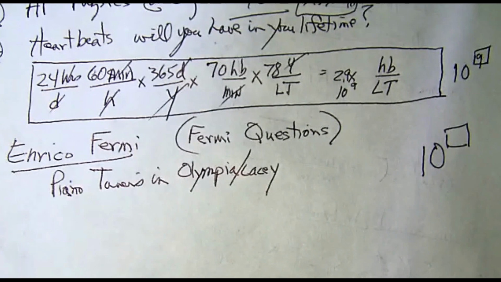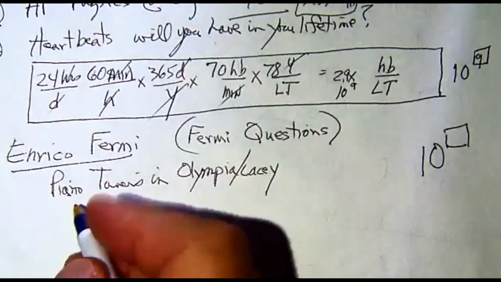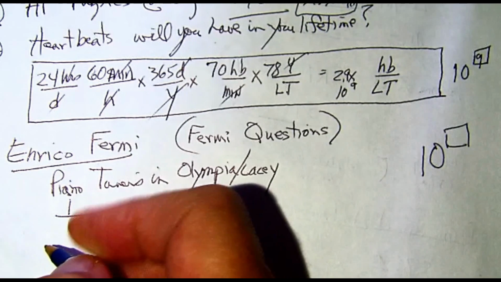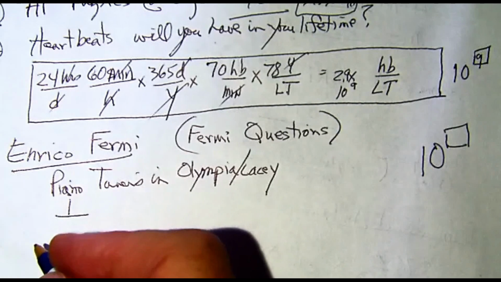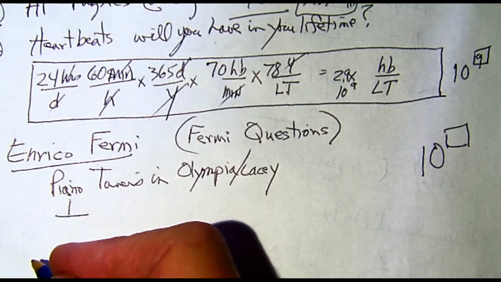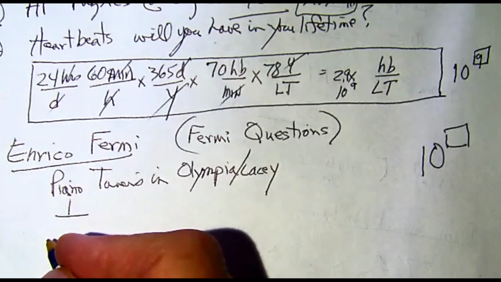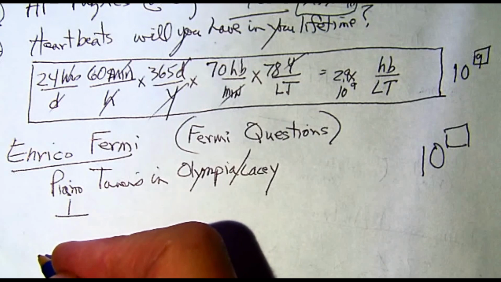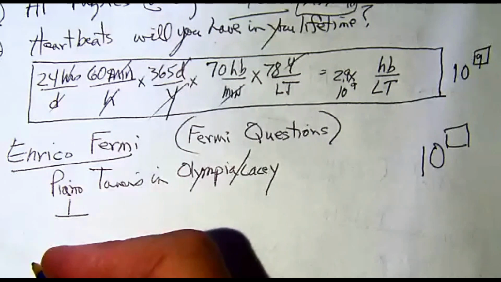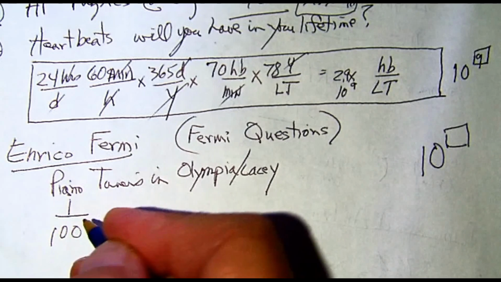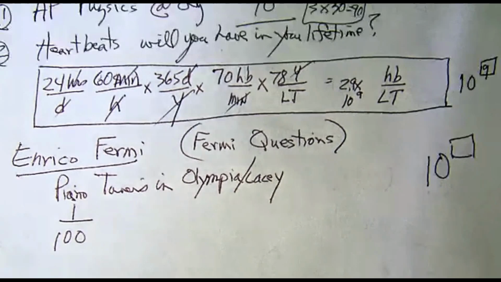Last couple classes though, they said about one, and most people that have a piano tune it about once a year if they're active on it. So 30 people times your average household is about how many? 4, so about 100 people. So 1 out of every 100 people needs 1 tuning per year.